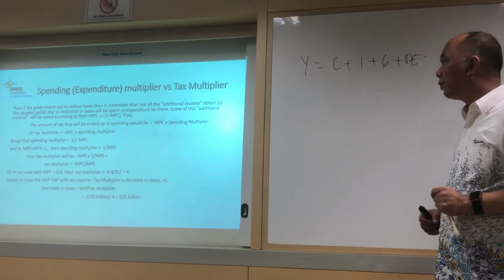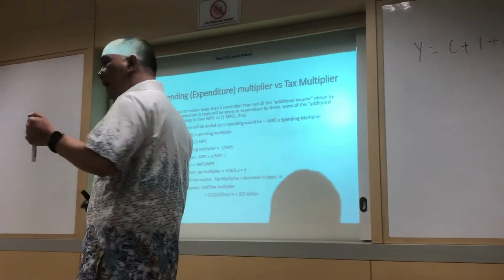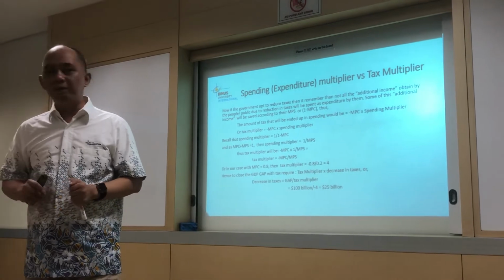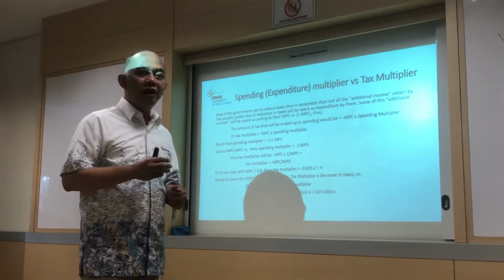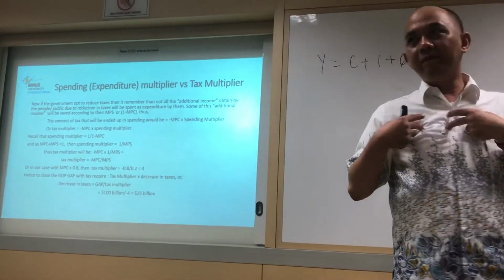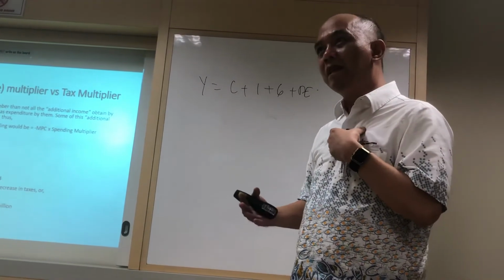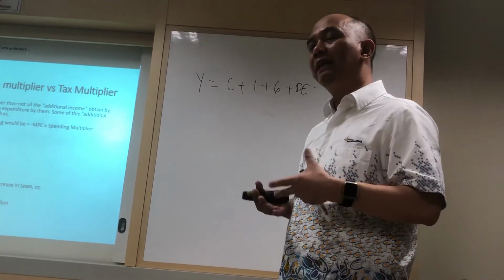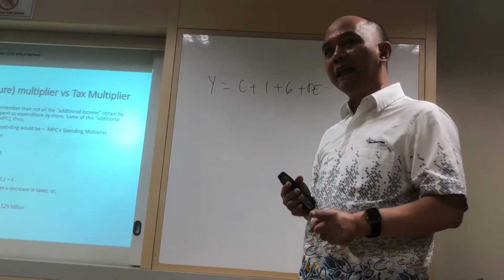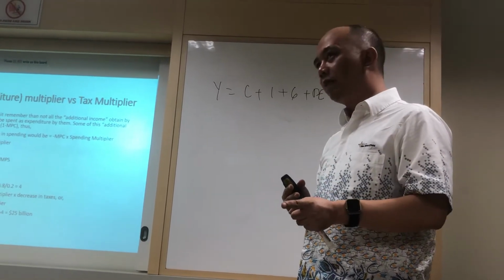Now if the government opts to reduce tax, remember that every tax deduction given by the government will not end up as spent. For example, I get a tax rebate from the government of 10 billion. That 10 billion will be translated into additional income for me, but that income is not going to be spent all of it. Correct?